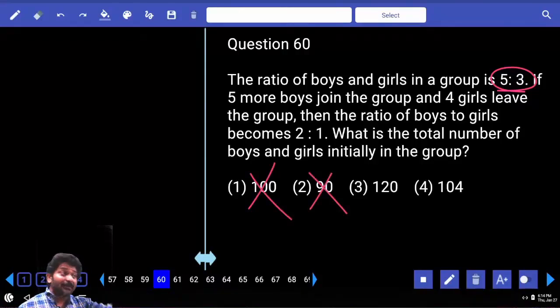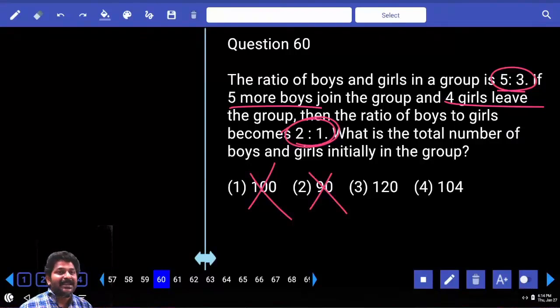Now there is one more condition. What happened to the data? 5 boys join and 4 girls leave the group. So what is the net effect? The number of people increased by 1. The ratio is 2:1, so there are 3 parts.